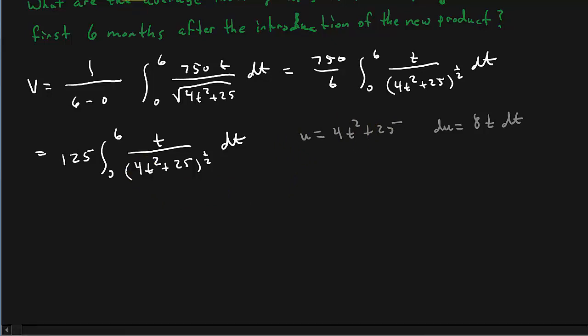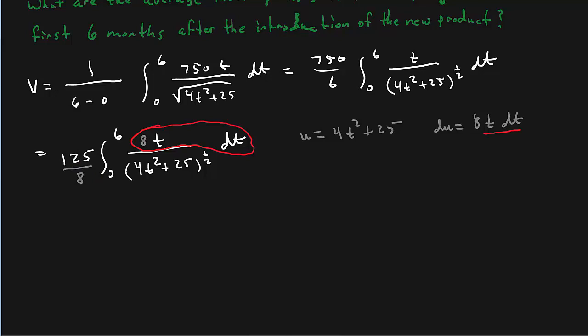And then notice I have a t dt. What am I missing? I'm missing an 8. So I need to multiply by 8, but if I multiply by 8, I also have to divide by 8, because that's the same as multiplying by 1.